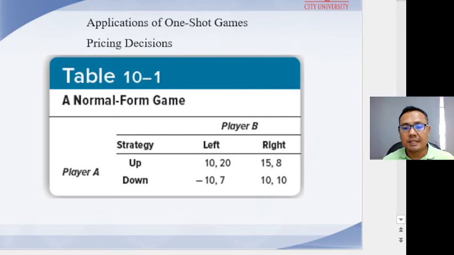A set of strategies constitutes a Nash equilibrium if, given the strategies of the other players, no player can improve her payoff by unilaterally changing her own strategy. The concept of Nash equilibrium is very important because it represents a situation where every player is doing the best he or she can given what other players are doing, right?